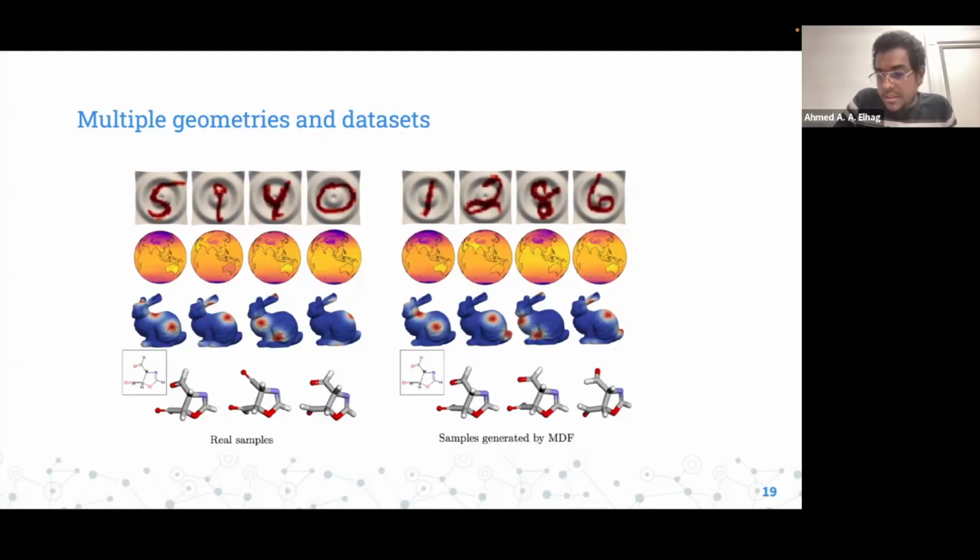So let us continue here. We apply this to multiple geometries and datasets, starting from the wave geometry, and also the standard sphere manifold. We also have results on the Stanford bunny, and lastly we have graphs.